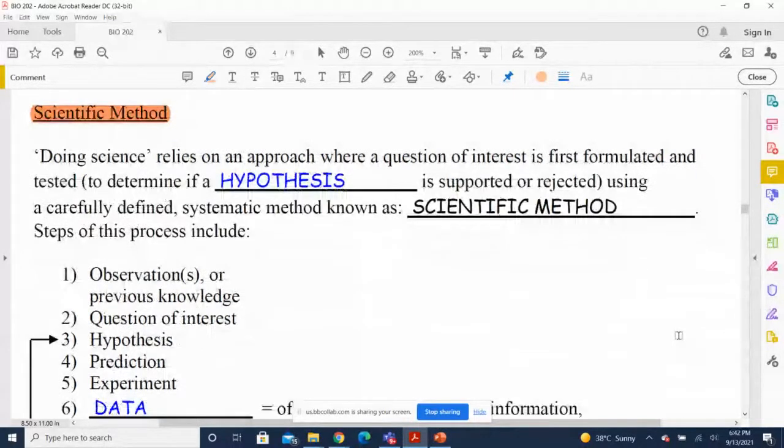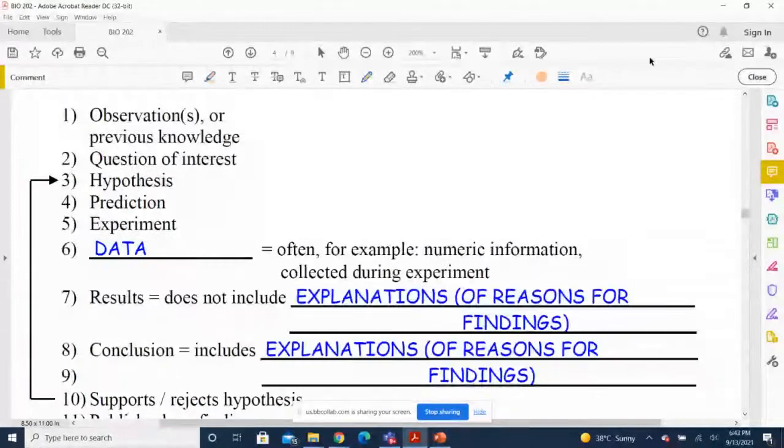I've listed here the steps of the scientific method, and there might be a little bit of variation in the number and types of steps depending on what source you go to, but in general, this is a broad review of what you can expect to see when you review how the scientific process works.